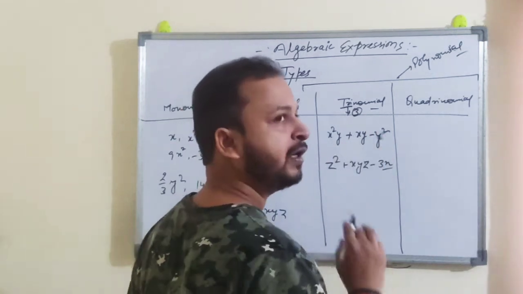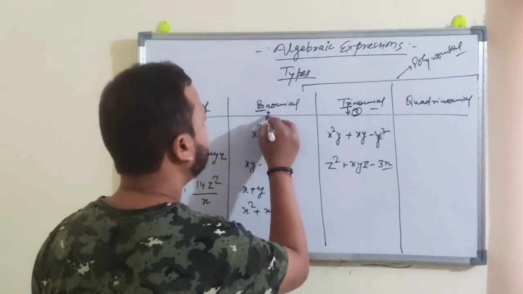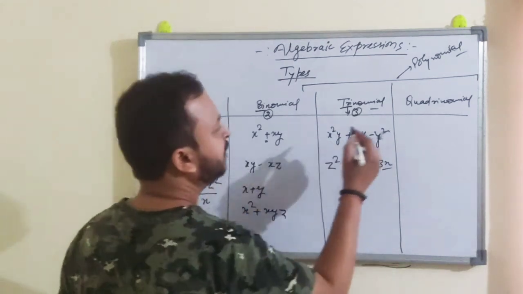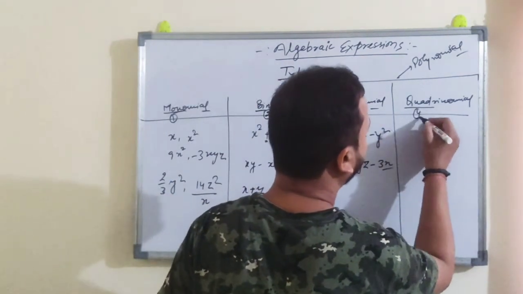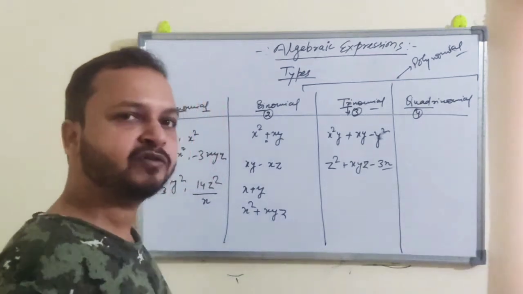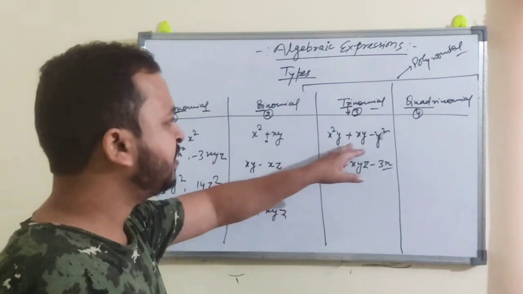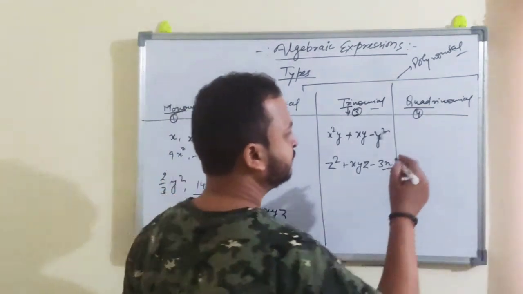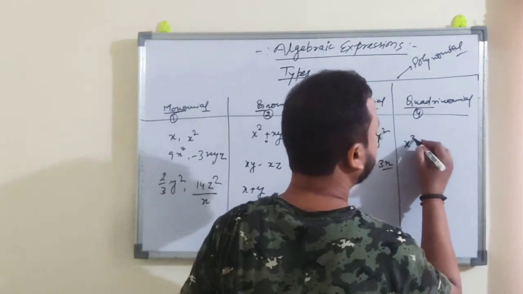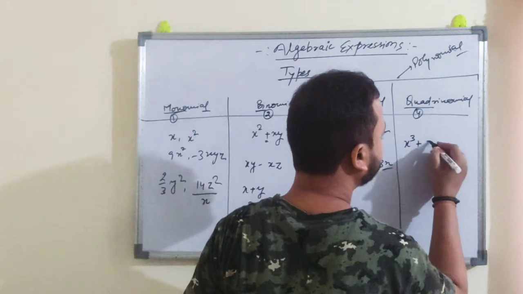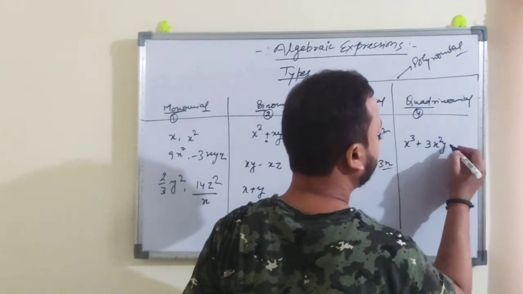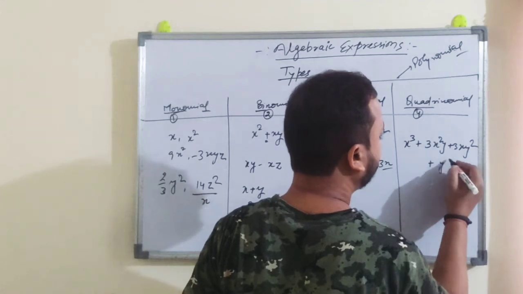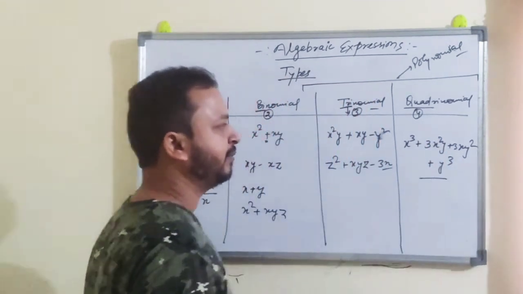So 3 terms are joined together. Here bi is given. Bi means 2. Mono means 1. So quad means 4. So when 4 terms are joined together with addition or subtraction, they are known as quadrinomial. So x cube plus 3x square y plus 3xy square plus y cube, this is a quadrinomial.